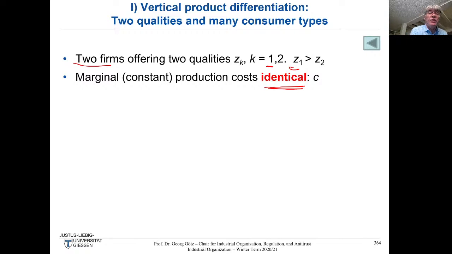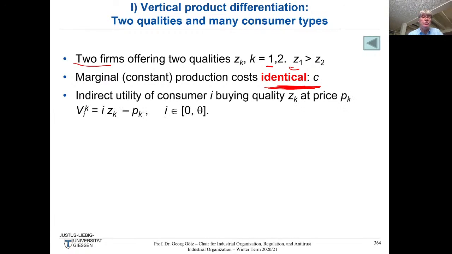Now we assume that the two products cause the same production costs, so that the quality difference is mainly due to differences in product development or fixed costs. That's what we assume here. Of course, we can do it otherwise, but the interesting results happen if you assume this.